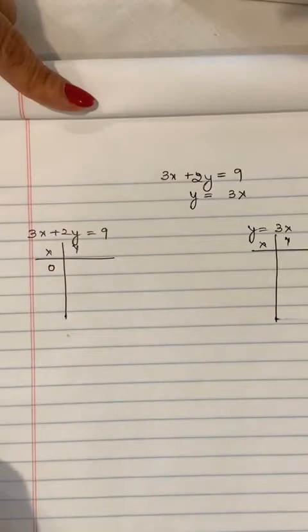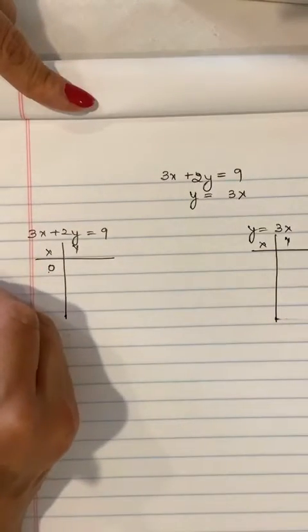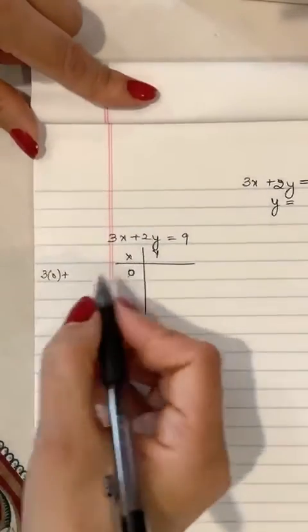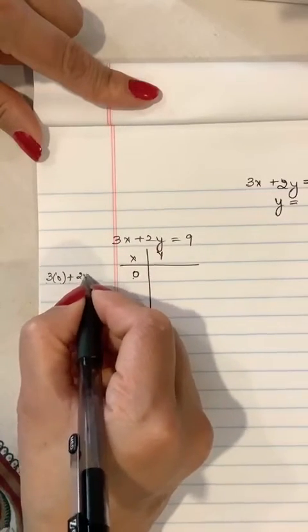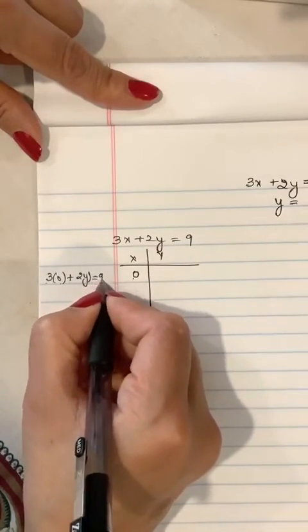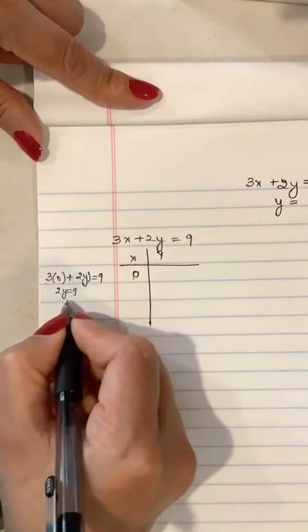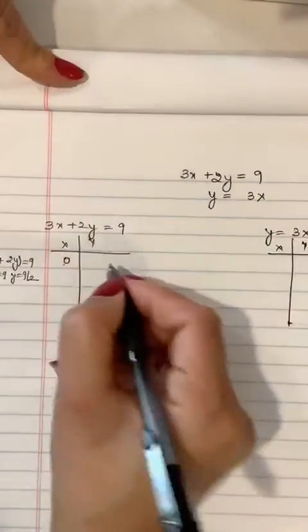Again, I love my zeros. x is 0. What happens? So 3 times 0 plus 2 times y equals 9. So you get 2y equals 9. That means y equals 9 over 2, which is 4.5.